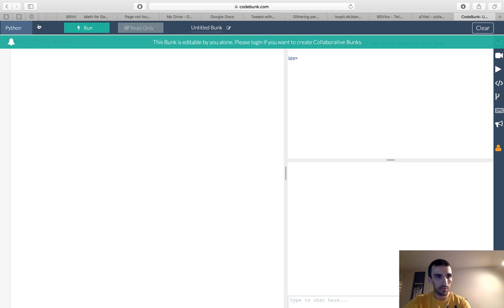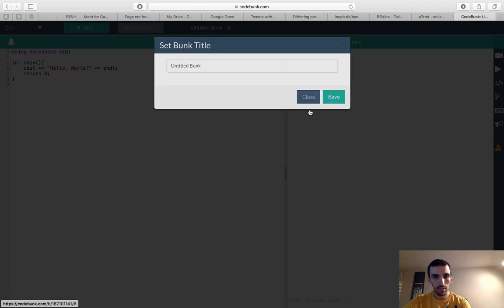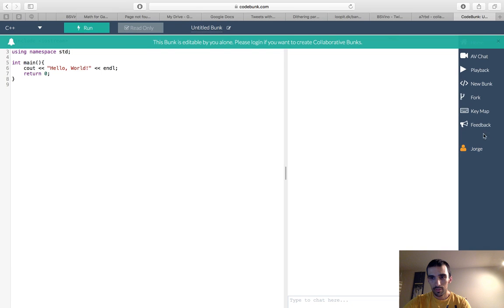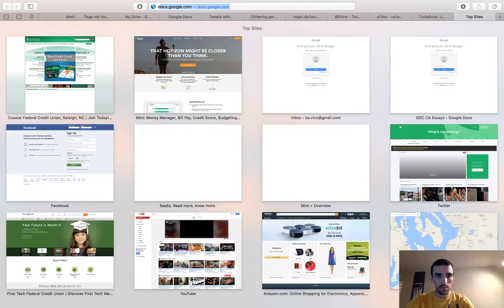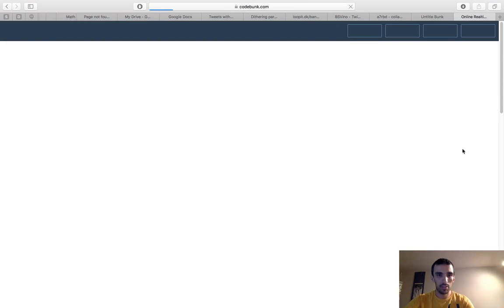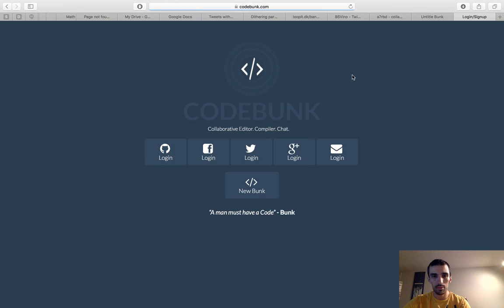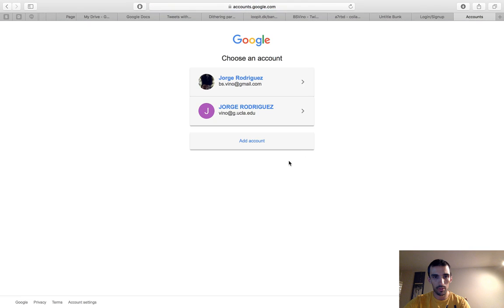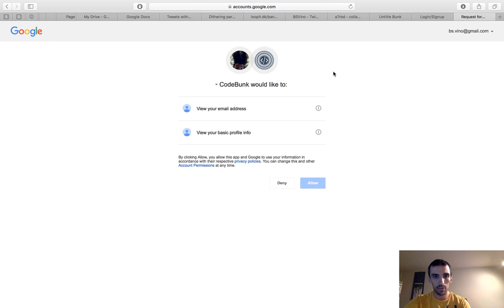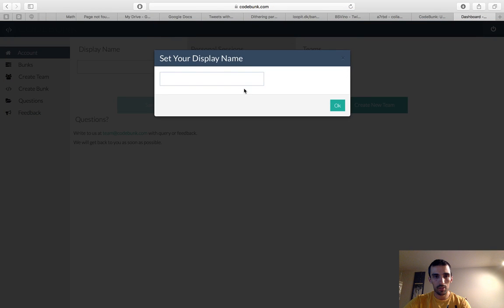What drop down? I'm so bad at the internet. This drop down? That's not what I wanted. Let me just go to codebunk. It tells me to log in, but it doesn't give me a place to log in. I don't want to have to create an account just to do this stupid website. But I guess I will. Now everybody knows my email address. Not like I haven't posted it on the internet a million times already.